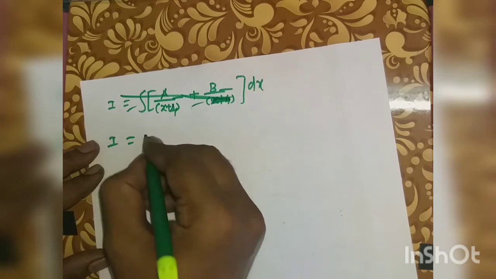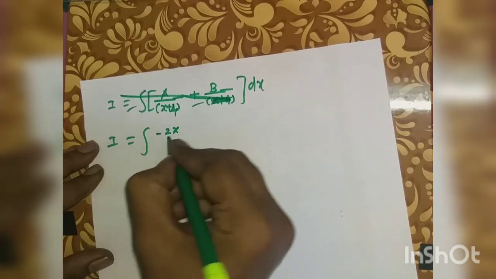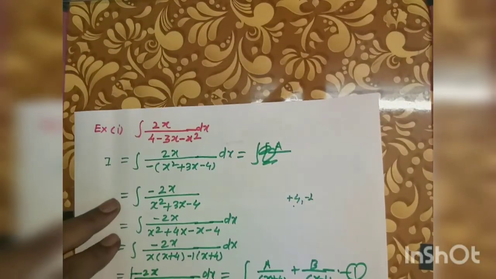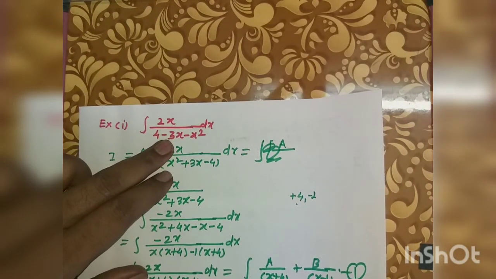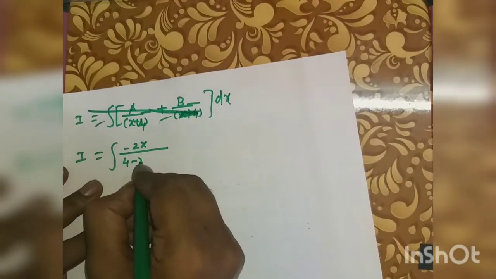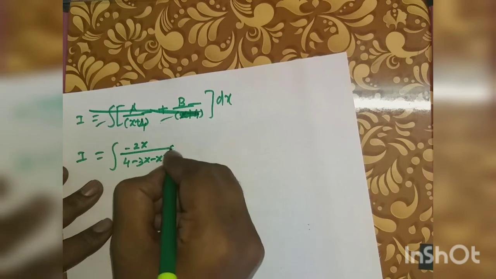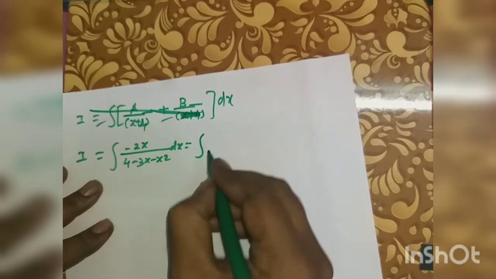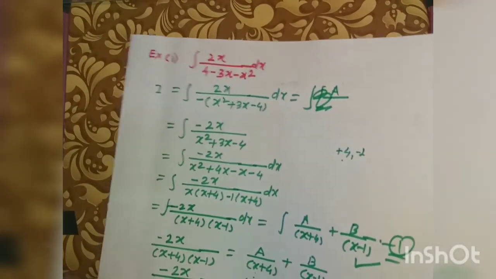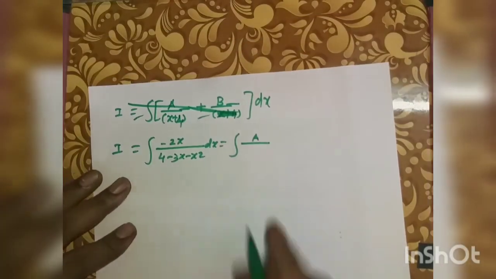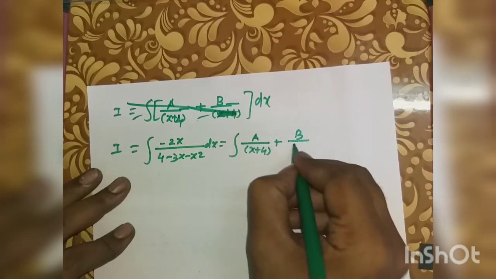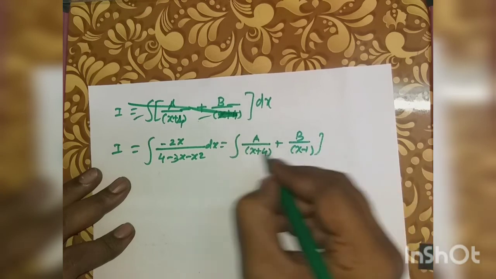Integration I is equal to integration of minus 2x divided by 4 minus 3x minus x square, which is equal to integration of a divided by x plus 4 plus b divided by x minus 1 dx.